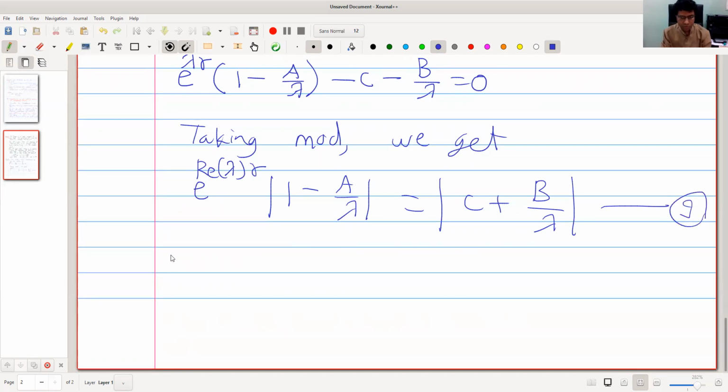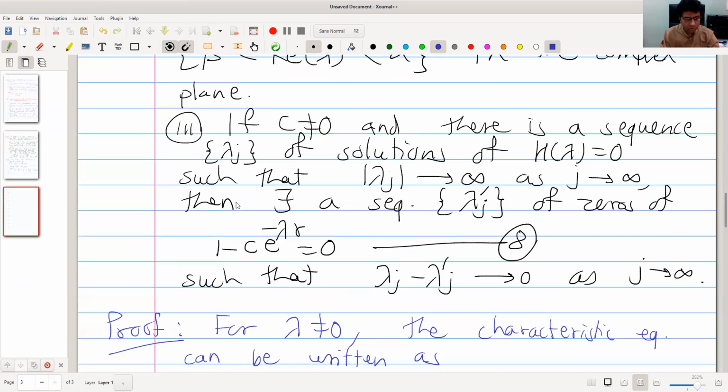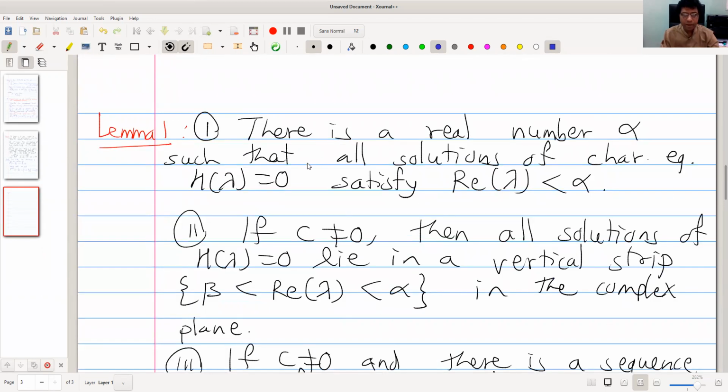Now we start the proof of the first thing. The first result is that there is a real number alpha such that all solutions of the characteristic equation h of lambda equal to 0 satisfy real part of lambda less than alpha.